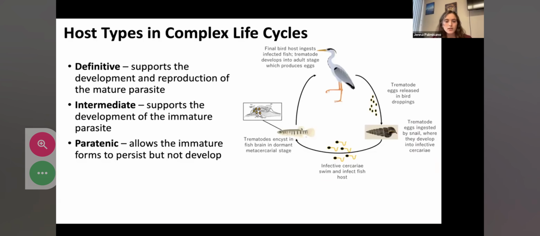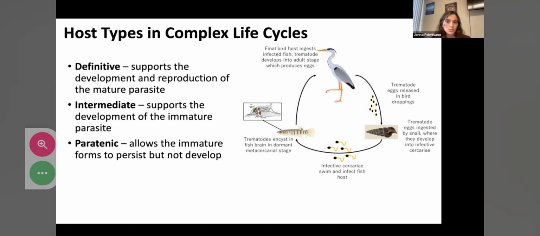But before we get there, we have to talk about a few more terms related to the complex life cycles of parasites. These are the terms we use to define different types of hosts. The definitive host is the host where the parasite develops into a mature form and reproduces. This example on the right is a life cycle of a trematode, and we can see that after ingestion of an infected prey item, the definitive host, the heron, becomes infected, and soon the trematodes develop into adults and produce eggs.